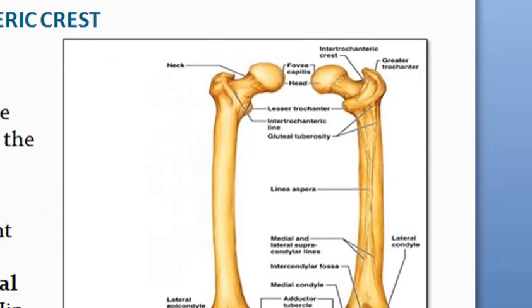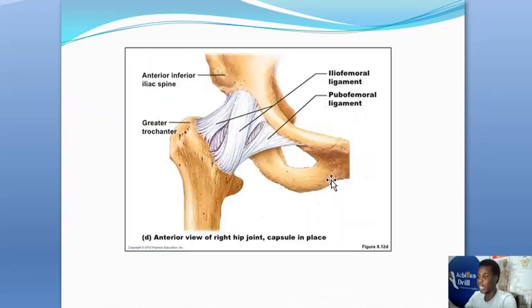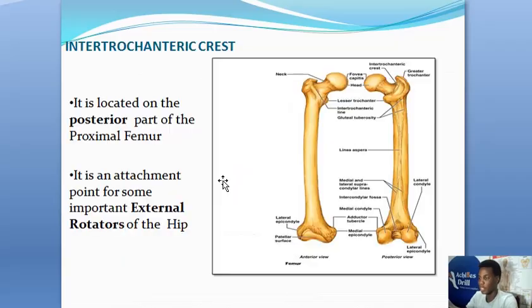Okay, you can take a look at the intertrochanteric line in front, where right here we have the intertrochanteric crest located posteriorly. So starting with the intertrochanteric line, it serves for the attachment of the iliofemoral ligament, joining the ilium of the hip bone to the femur. That's the ligament right here, the iliofemoral ligament. And then the intertrochanteric crest, we already explained, is posterior.